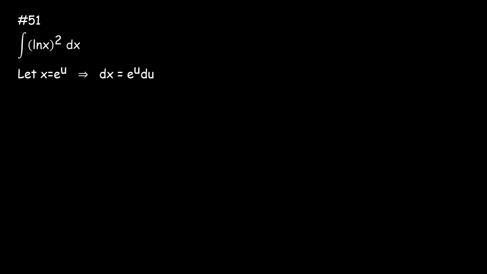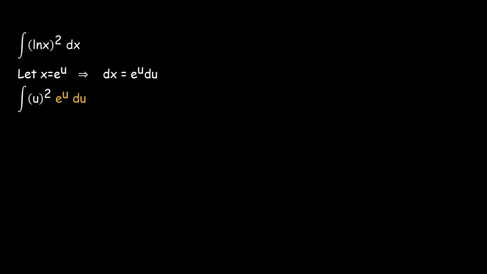If x is e to the power u, this would mean that we're going to substitute e to the power u to get ln of e to the power u, all squared. Now, the natural log of e to the power u would just be u. So in that case, this would change to u all squared. Then we're going to get u squared times e to the power u du.